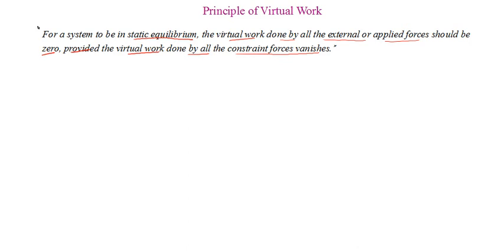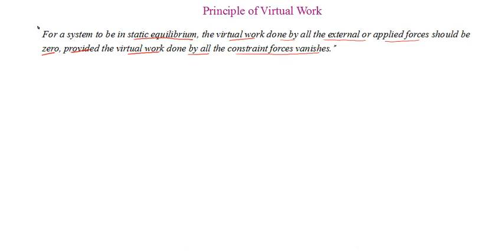So remember, the principle of virtual work is based on our fundamental assumption that the virtual work done by all the constraint forces is 0. If that is the case, the system can achieve a state of static equilibrium if the virtual work done by all other external forces is also 0.